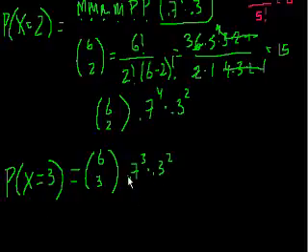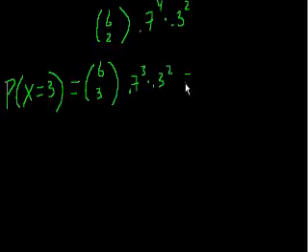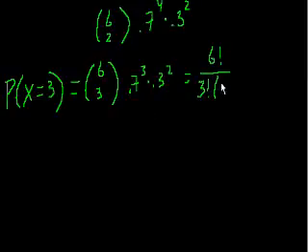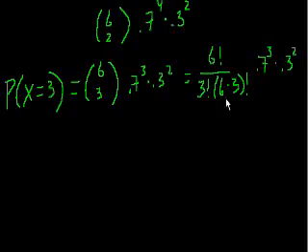That's straightforward enough, and we could calculate what that is. But hopefully you know it. Let's see, let me just do it. So that's 6 factorial over 3 factorial times 6 minus 3 factorial times this part, 0.7 to the third times 0.3 to the third.